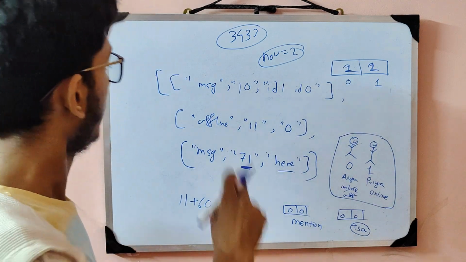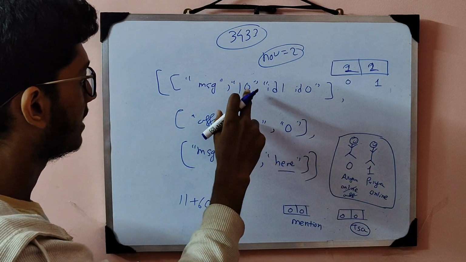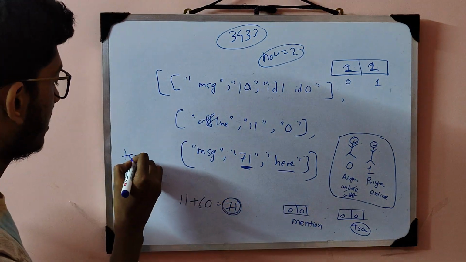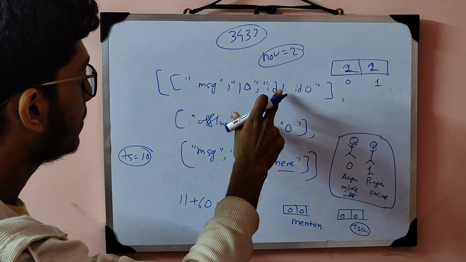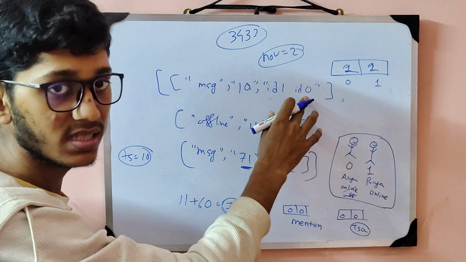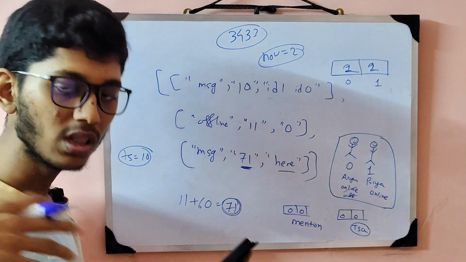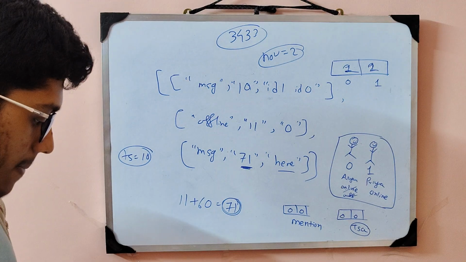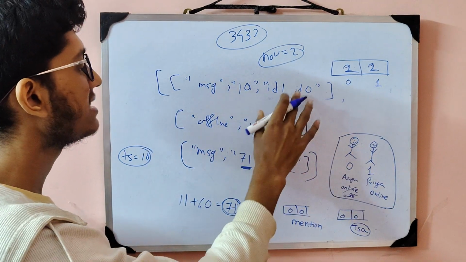So the first message, okay, message means 10. At the timestamp 10, this is a message, and I will be getting IDs. When you get IDs, you don't have to think of all the complexities. You will just mention all the IDs that are present here.